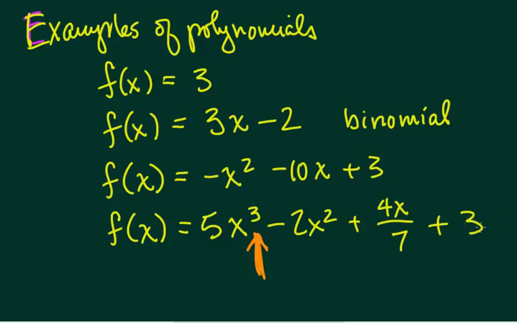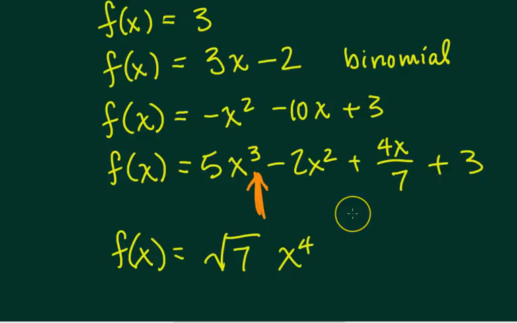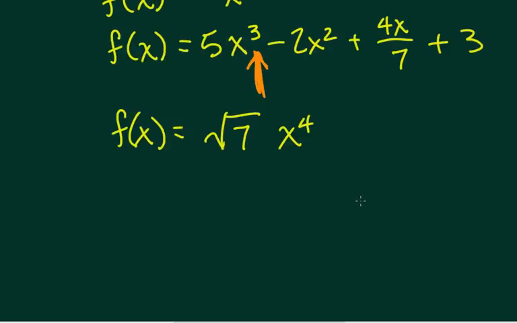Okay. And here's my last example in this series. I have the square root of 7 times x to the 4th. Why square root of 7? Well, basically because there isn't any law against it. Square root of 7 is a real number, so I'll use it if I feel like it.